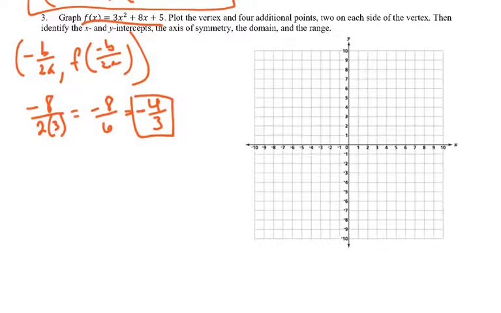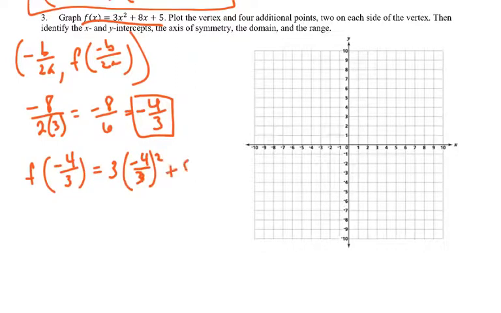Our y-coordinate is going to be f of negative 4/3. So we take negative 4/3 and substitute it into our function. So we get 3 times negative 4/3 squared plus 8 times negative 4/3 plus 5.